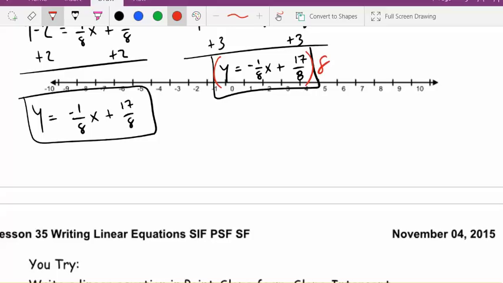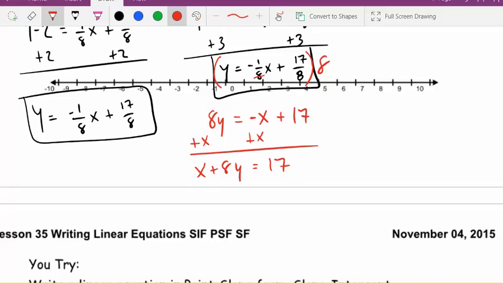So this becomes 8y equals, the 8 cancels out, so negative x plus 17. Now, what do we want it to be in standard form? We want x and y on the same side, so I'm going to add x to both sides, and we get x plus 8y equals 17, and that's standard form.